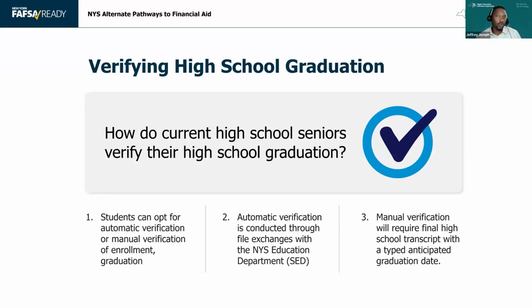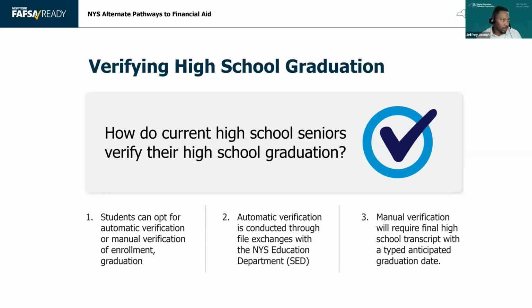We recognize that was a barrier for some students because they couldn't get that documentation until May or June, and that was late because they wanted to apply for aid and get their award packages with everybody else in April or May. So now we have updated that procedure.